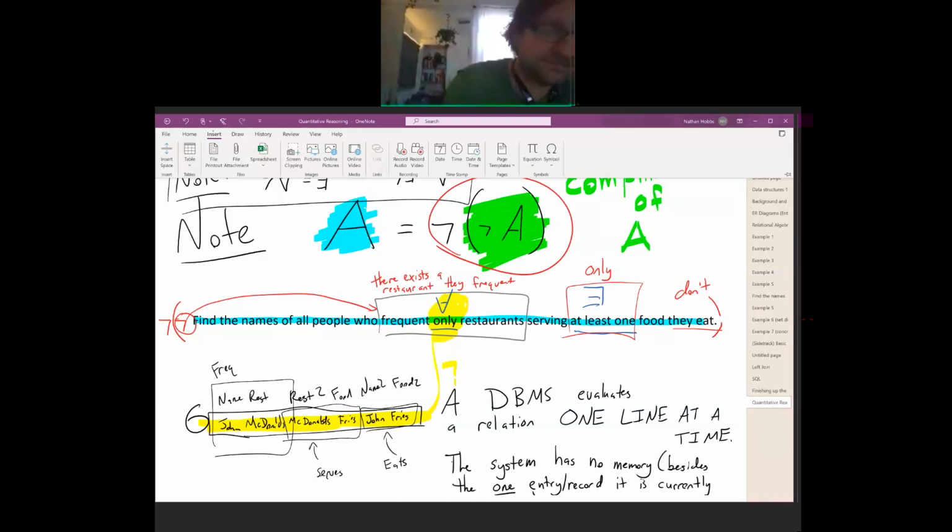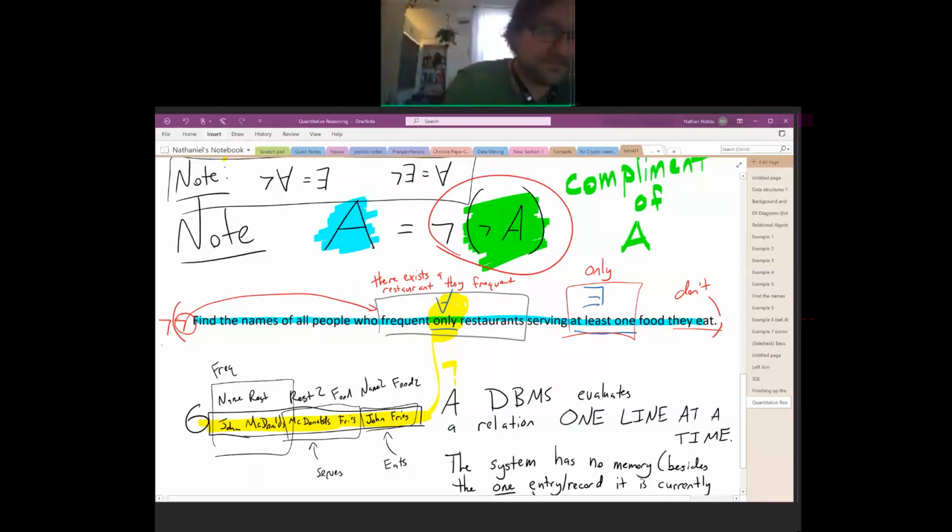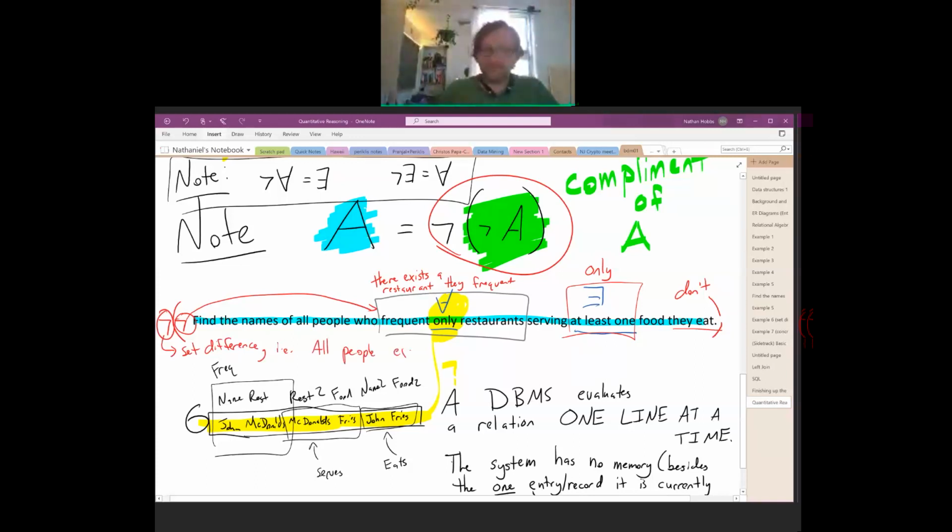Okay, that's what this does. This one is going to be a set difference, i.e., all people except.